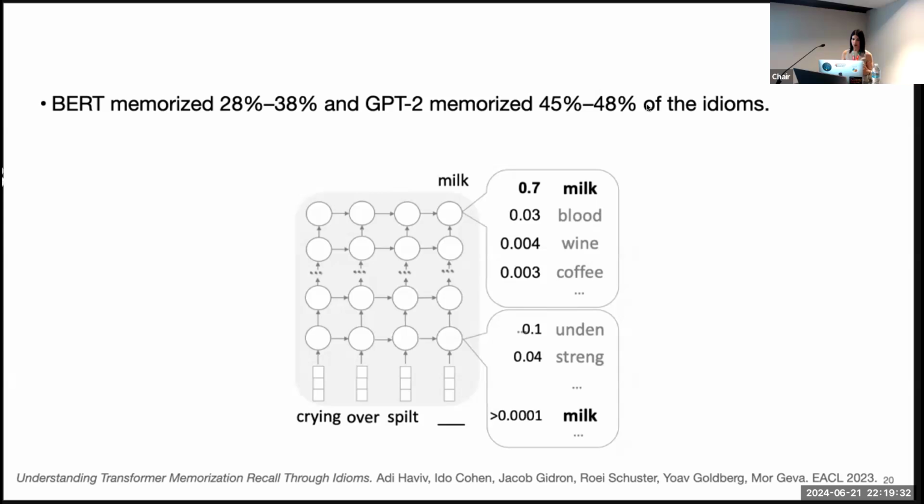She tested BERT and GPT-2 and showed that BERT memorized between 28% and 38% of the idioms, and GPT-2 memorized between 45 and 48%. She showed that by showing a model the beginning of the idiom in multiple different contexts and then seeing how often it predicts the next words.